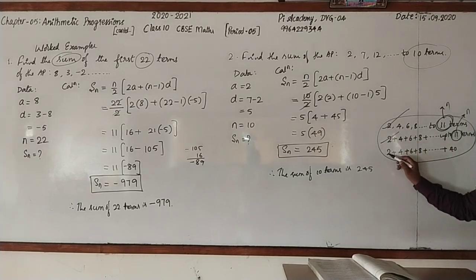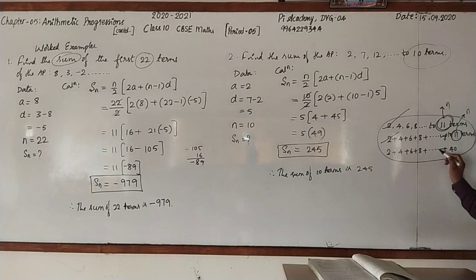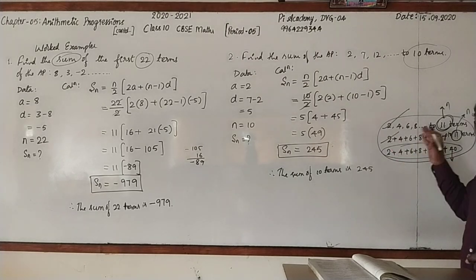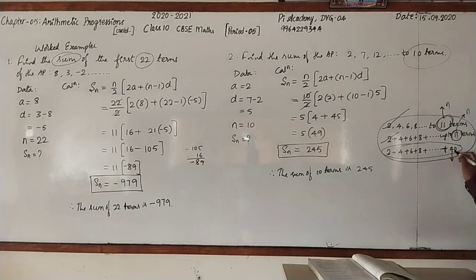Whereas in the third case, 2 plus 4 plus 6 plus 8 plus so on plus 40. In this, 40 represents the last term. At last we have 40. They have not given the number of terms.